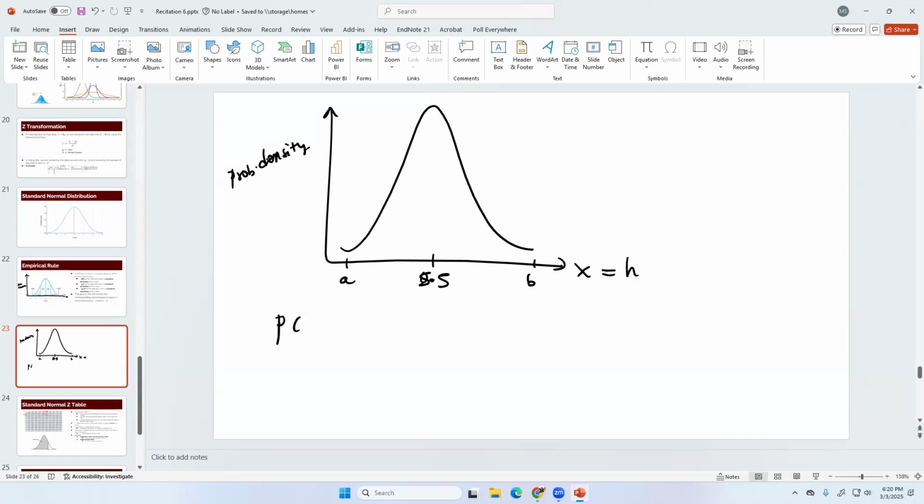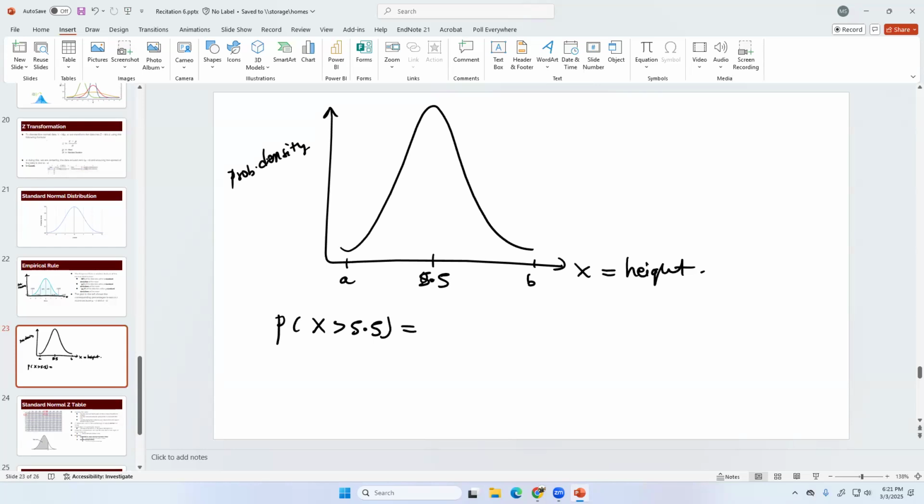Let's say this x represents the height again. Take the height example, and the center of this distribution is at 5.5. So the mean height is 5.5. If I ask you what is the probability of x being greater than 5.5, what do you say? Yes, but since it's a continuous distribution, there are infinitely many possibilities above 5.5, right?